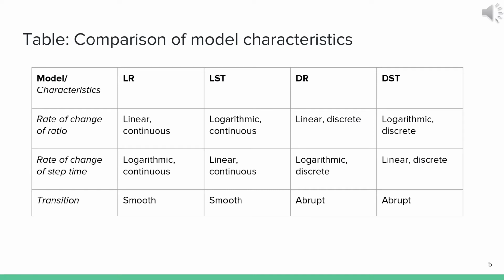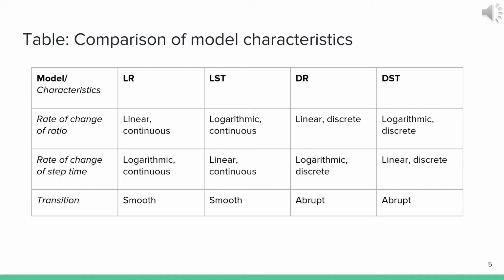Now, this table compares the four models, as I was mentioning in the last slide, in a slightly easier to understand way. You can see that the rate of change of ratio is going to be linear for the linear ratio and the discrete ratio models, and it's going to be logarithmic for the linear step time and the discrete step time models.